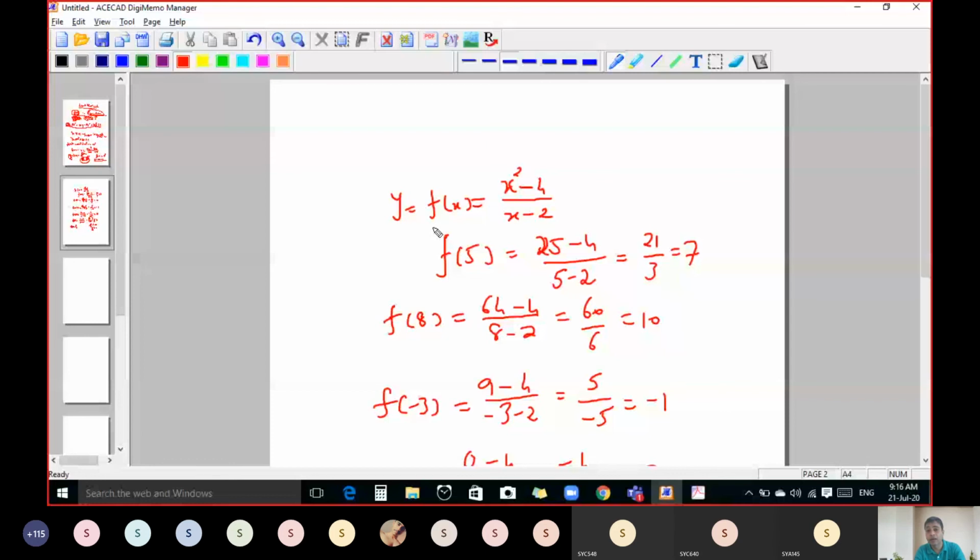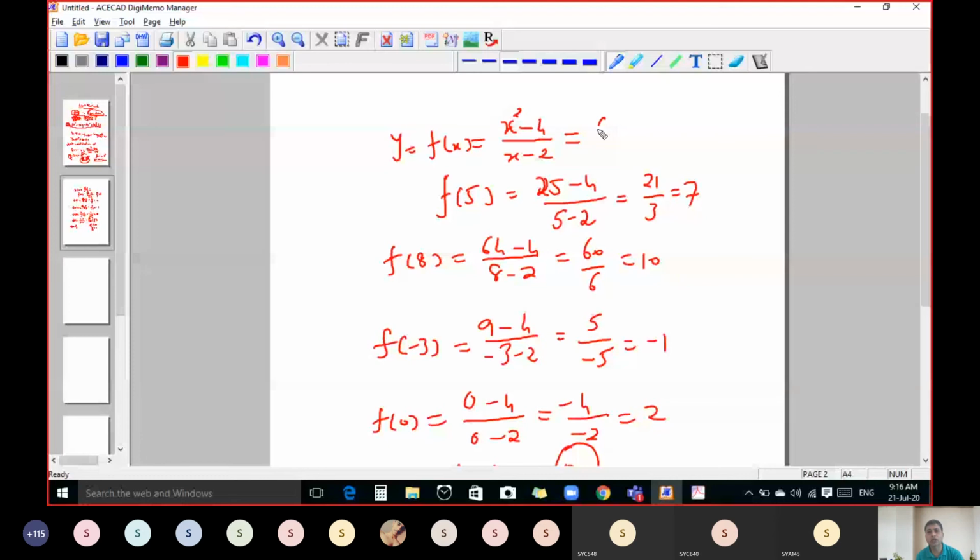Maybe many of you have a question like that, sir, if we factorize this, then we get x minus 2 and x plus 2, and here there is x minus 2 as well. So after cancellation of this, our answer is x plus 2.